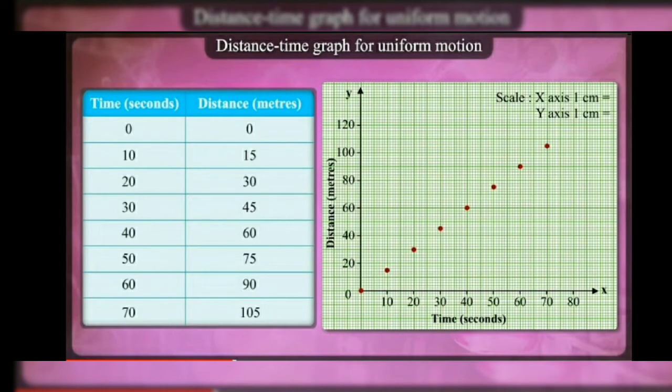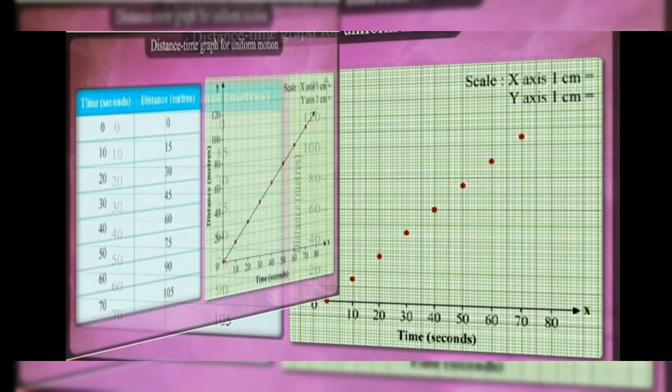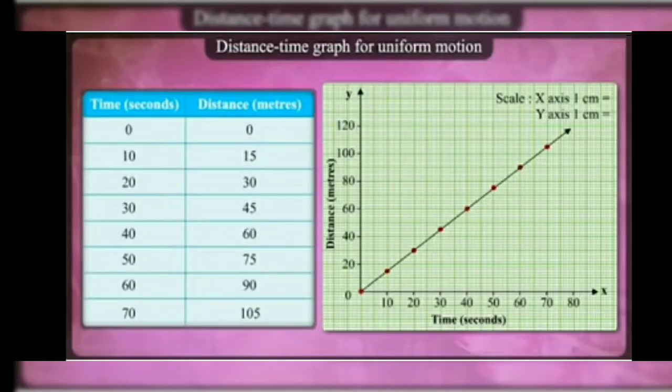In the same way, for 20 seconds, it is 30 meters. We follow the same way till 70. When we join the dotted line, this is how we observe the distance time graph for uniform motion.